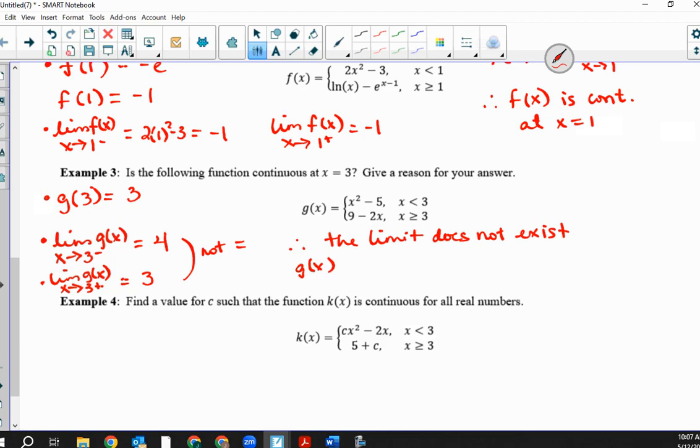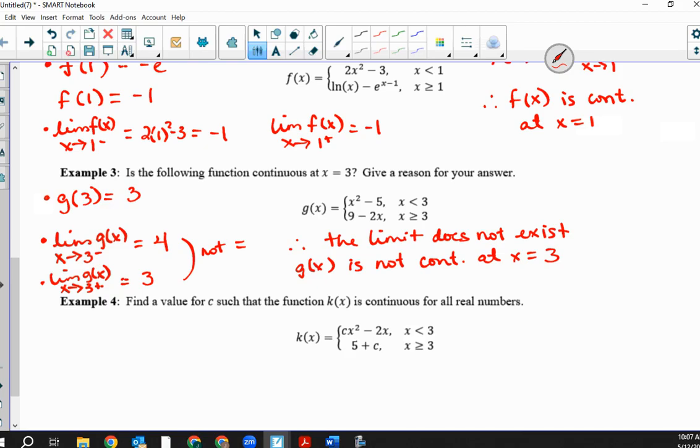And that means g of x is not continuous at x equals 3. It's because the limit does not exist. Does that make sense? Doing okay so far, guys?